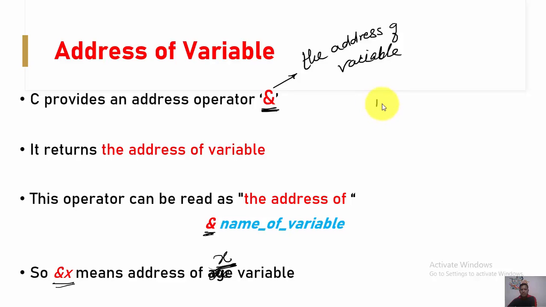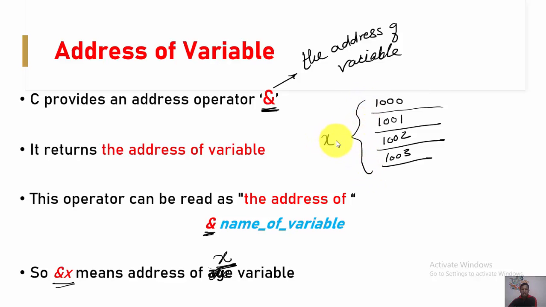As per the previous discussion, the first memory locations 1000, 1001, 1002 and 1003 are the 4 memory bytes which get reserved here, and the name given to it is x.